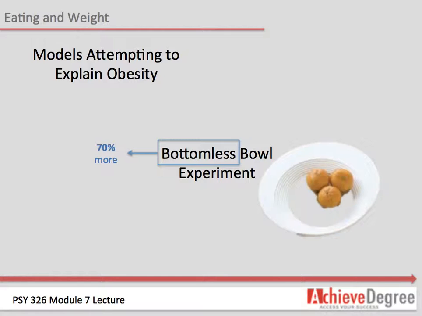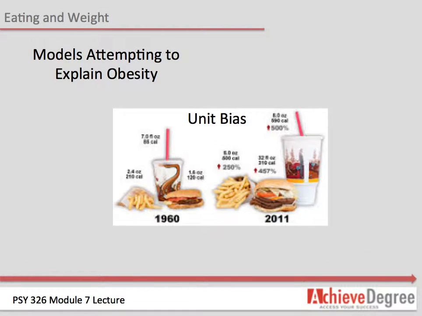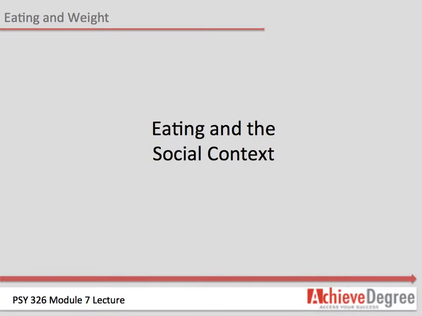Bottomless bowl subjects did not feel any more satiated, nor did they believe that they had eaten any more than those in the control group. Unit bias. This is where we assume portion and unit of sale is appropriate. Consider the new supersizes.